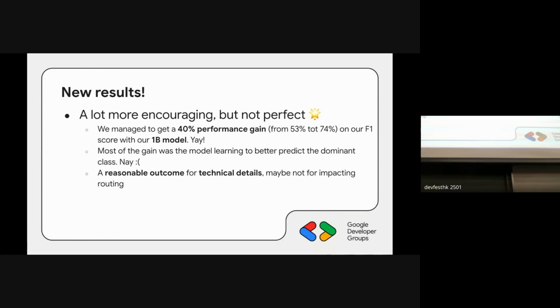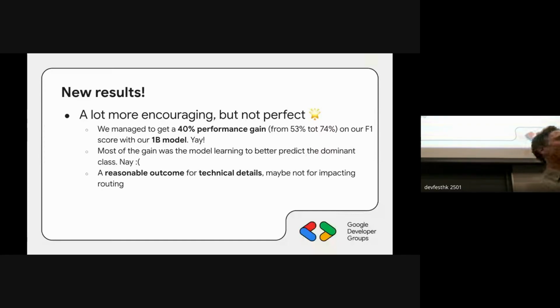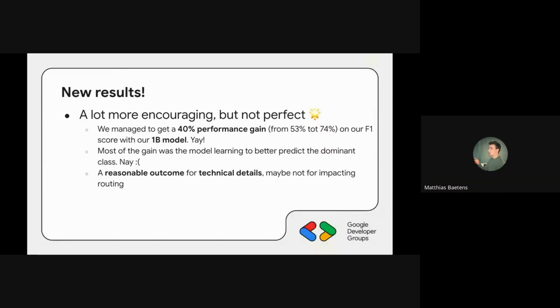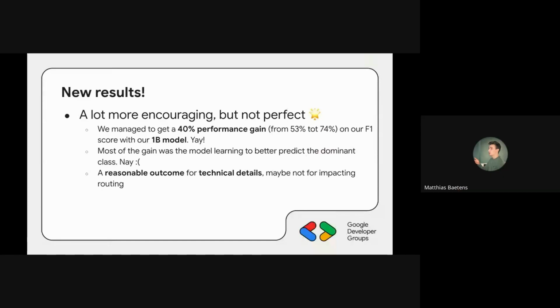But on the downside, most of the gain was from starting to better predict the dominant class. So that's kind of the downside, because you get a high chance of getting it right if you just predict the dominant class. So it's a reasonable outcome for having the technical details. We can still request technical details for the customer, but maybe not to impact the product.